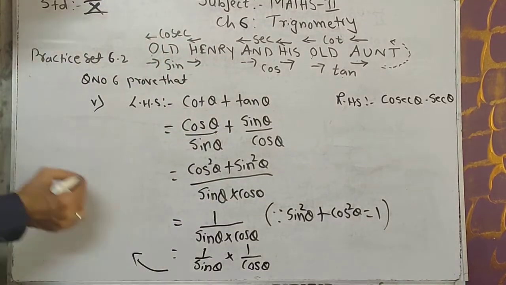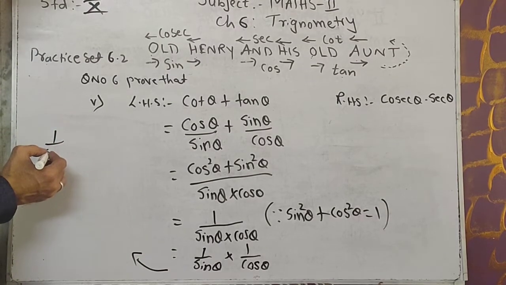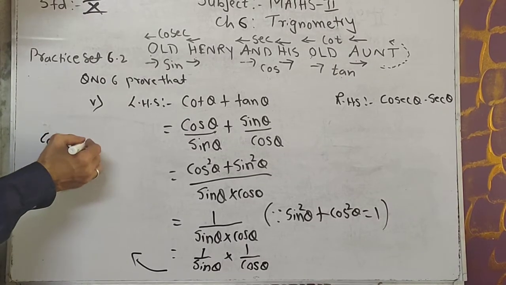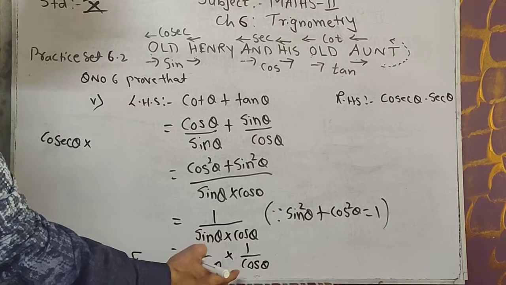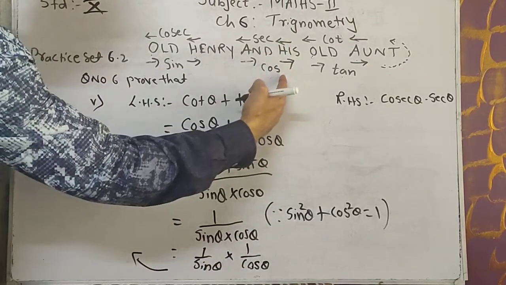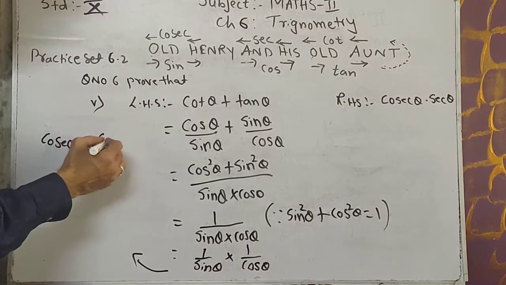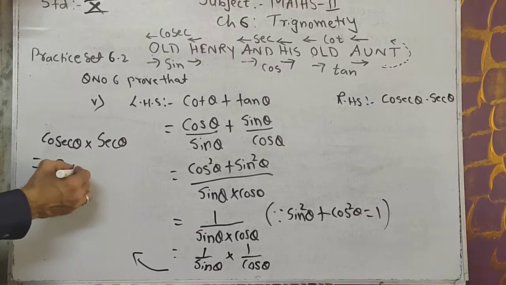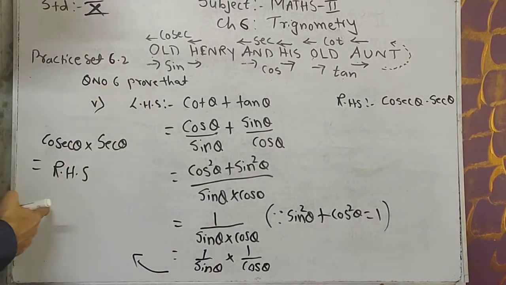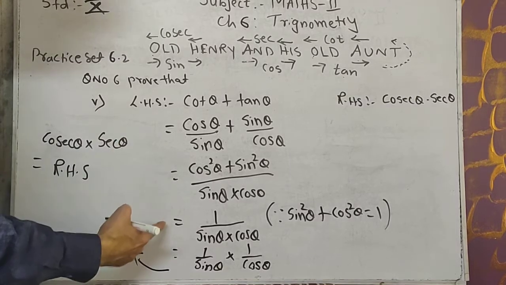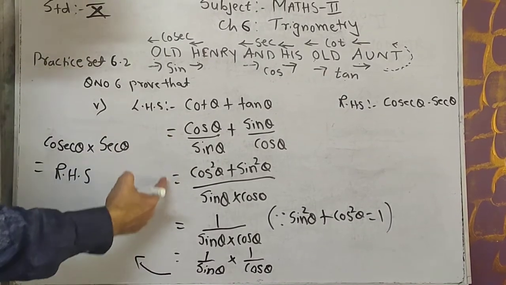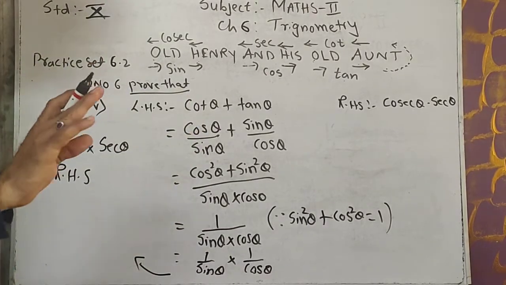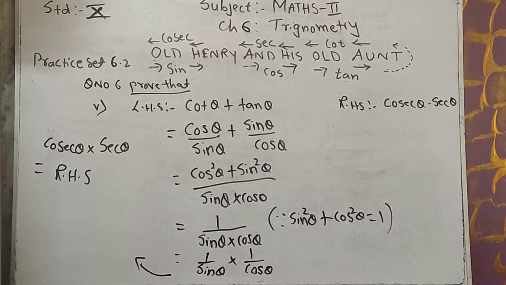So I am writing here cosec theta into 1 upon cos theta. 1 upon cos theta is your sec theta. So here we got the answer very easily. Left hand side is equal to right hand side. After doing very few steps, very easily you are getting the answer. So this proves that it is not at all hard for you. It is very easy, my dear students. Please copy it down.